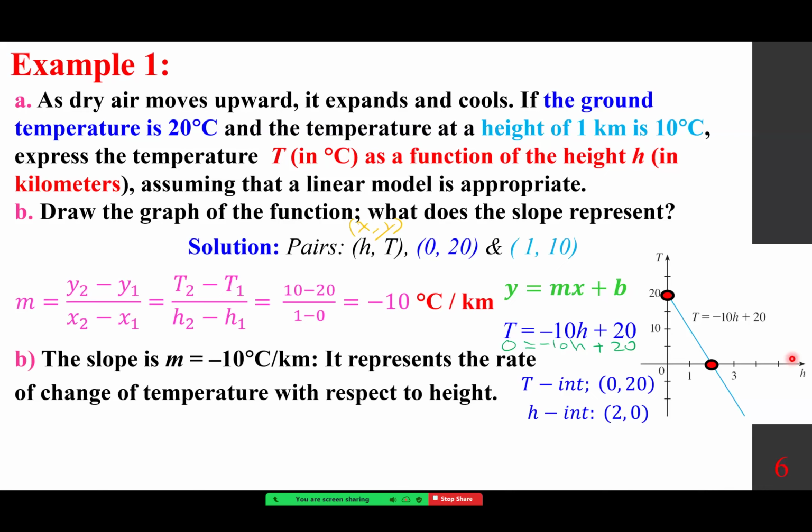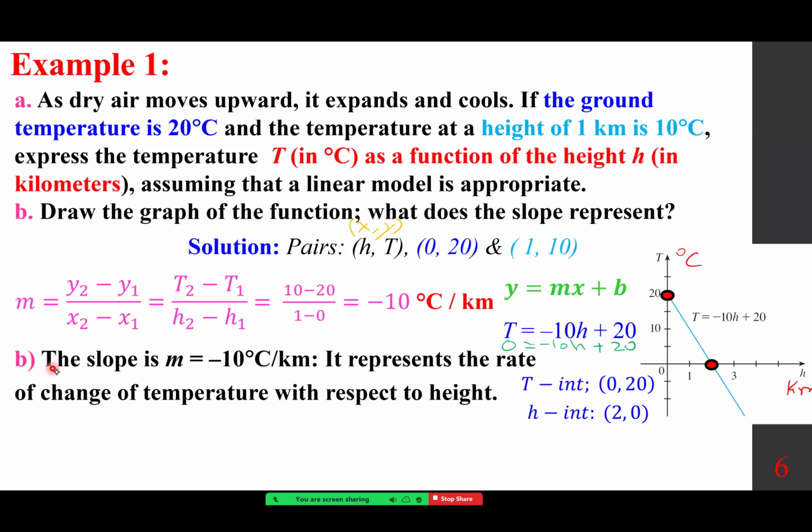The scale along the h and t, they don't have to be the same. The height in kilometers, and I can write that for you. And this is degrees Celsius.